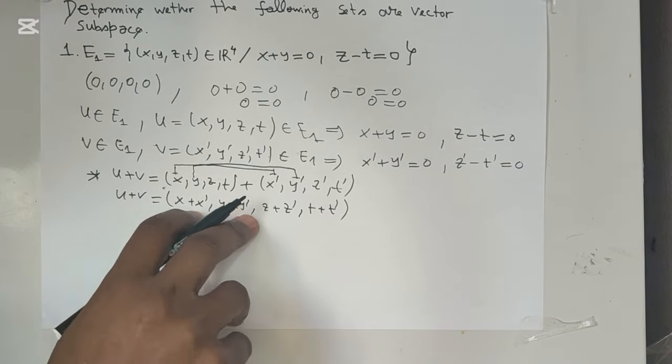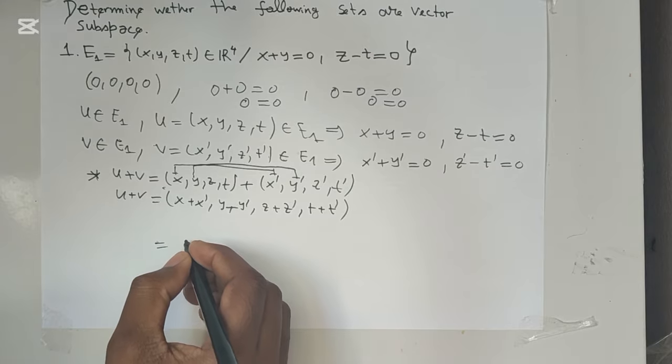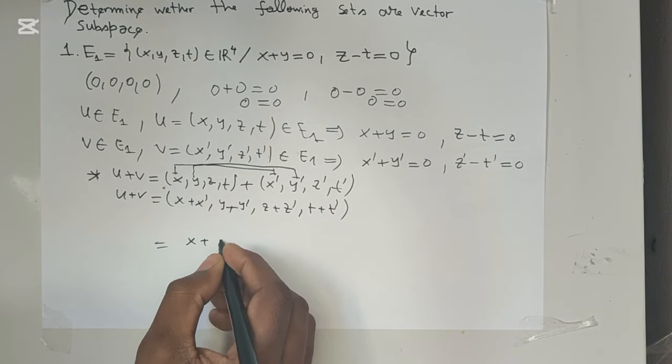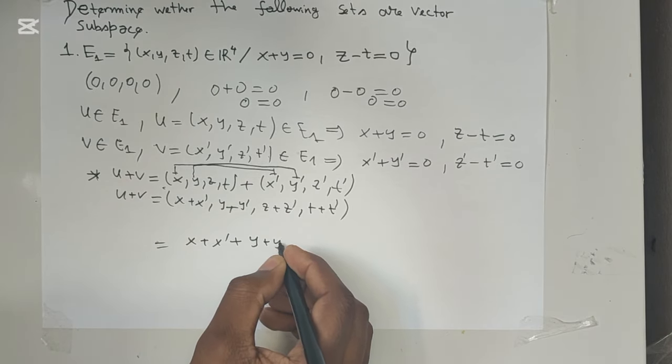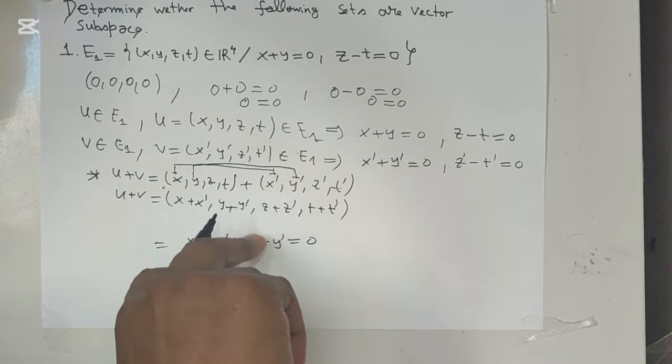It means the sum of these two, which is, I would say, x plus x prime plus y plus y prime is going to be equal to 0. But what you are going to realize is that I can commute.